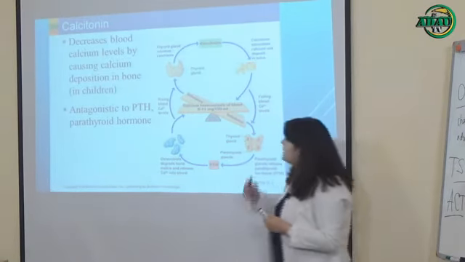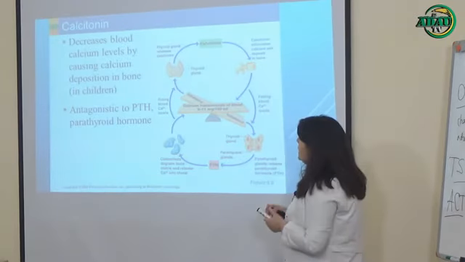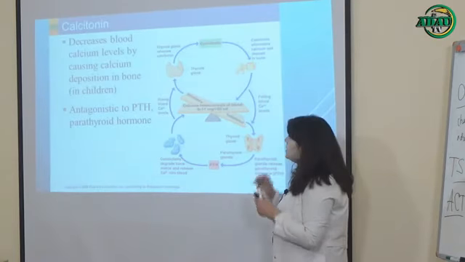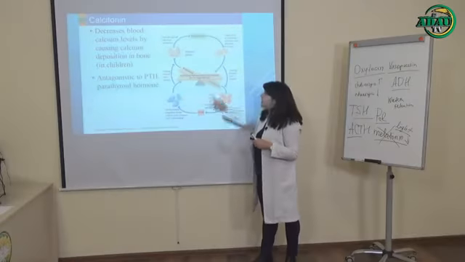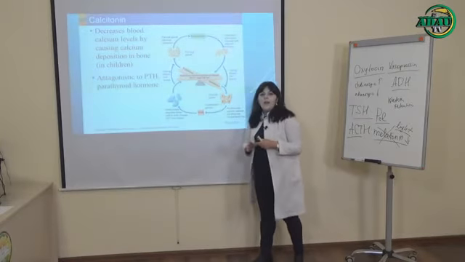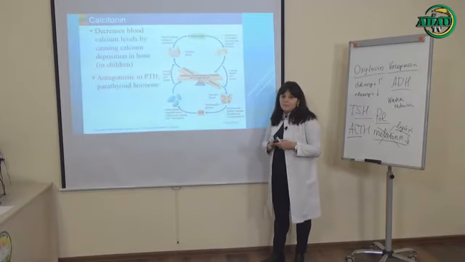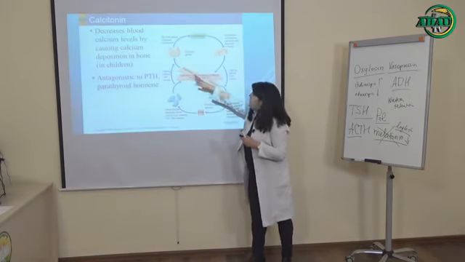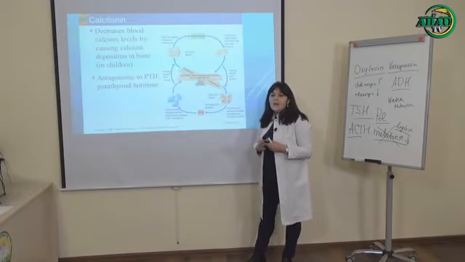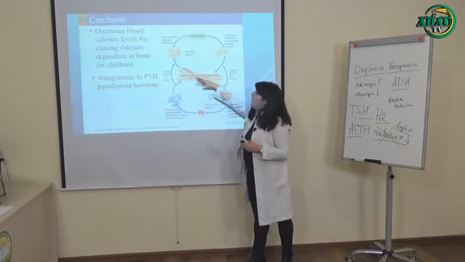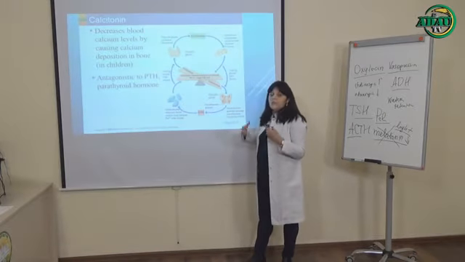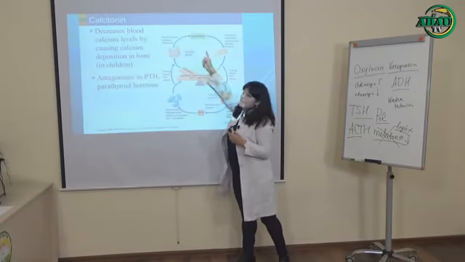So look at this illustration, please. Here we can see the level of calcium in the blood. The normal level is 9 to 11 milligrams in 100 milliliters of blood. If we have an imbalance in the body, and if the amount of calcium becomes higher, the hormone which is activated is calcitonin.